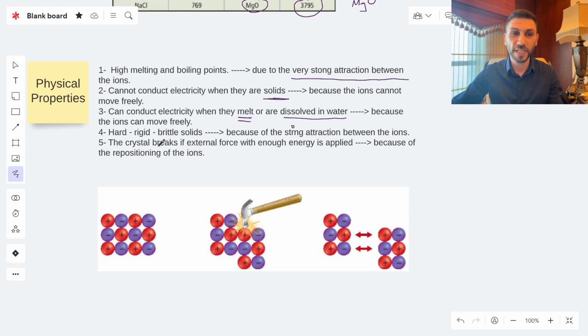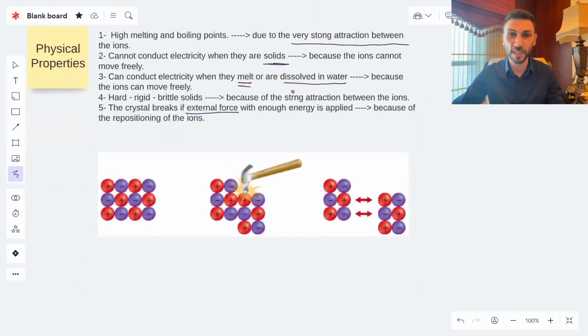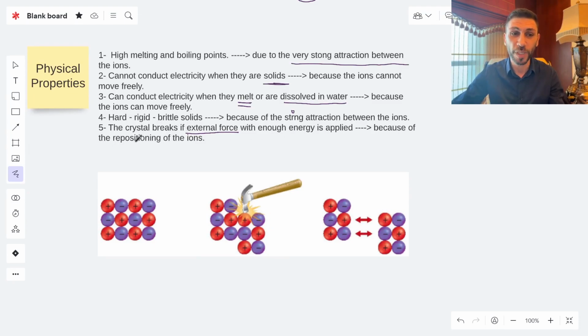And number five, the crystal breaks if an external force with enough energy is applied. If you apply an external force to this crystal, for example table salt, it will break easily because of the repositioning of the ions. As you can see here, this is the crystal lattice without the external force.